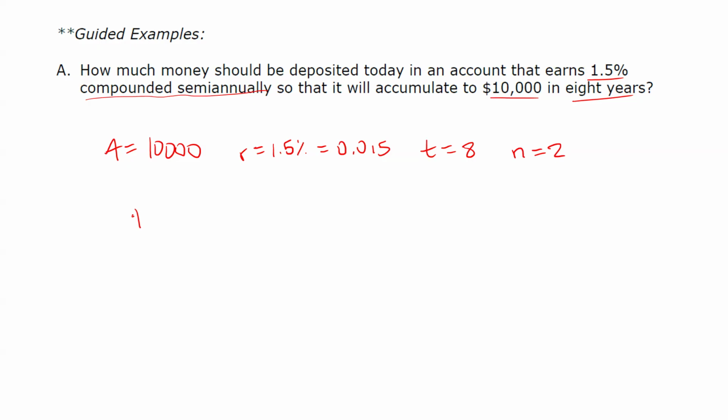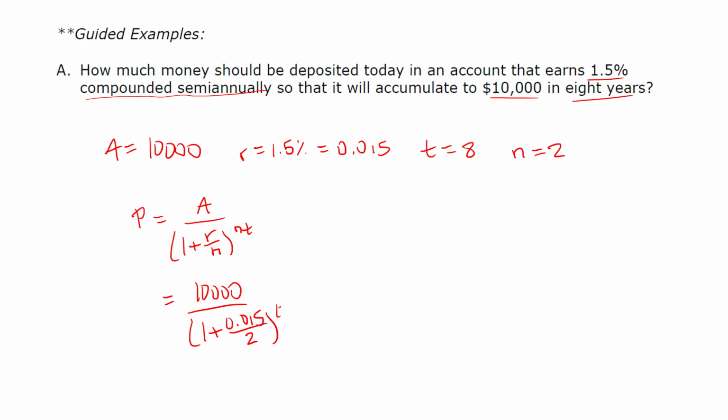So we want to find how much we should deposit today. So that would be P. Our formula, P equals A divided by 1 plus R divided by N to the NT. Substituting in our values, we'll have 10,000 in the numerator divided by 1 plus 0.015 divided by N, which is 2, raised to the power 2 times 8.